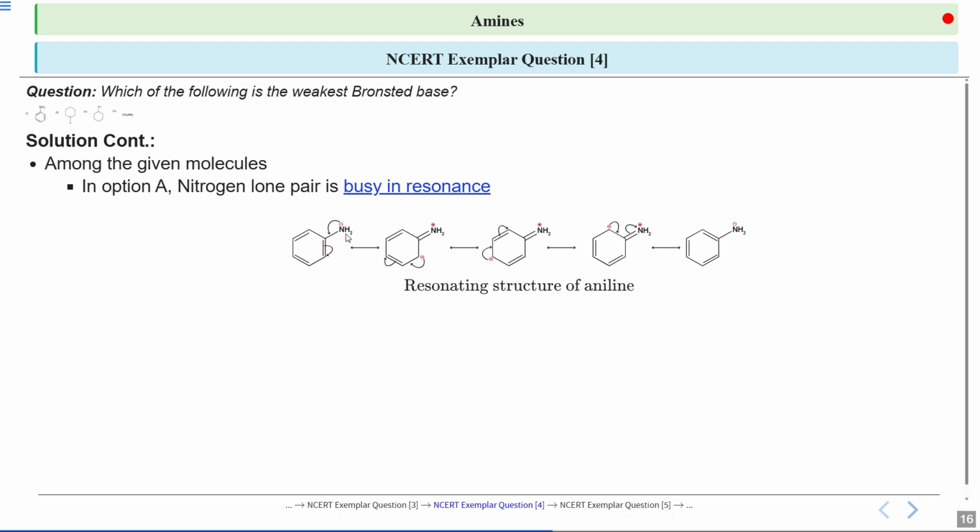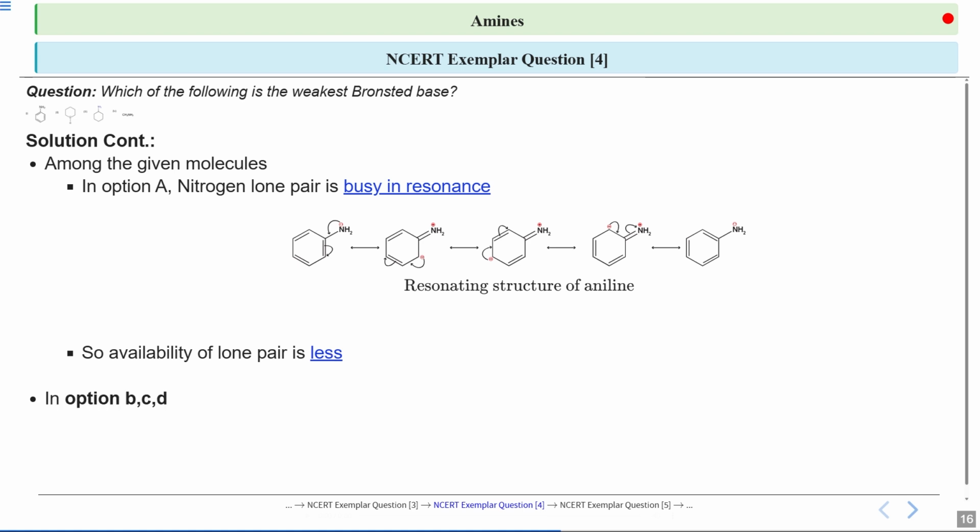Okay, so the lone pair on nitrogen over here is not localized, it is delocalized. So in anilines, the nitrogen lone pair is involved in resonance, which is reducing its ability, which makes it the weakest Bronsted base among the options. Okay, so you will see over here because the aniline's lone pair is less available.